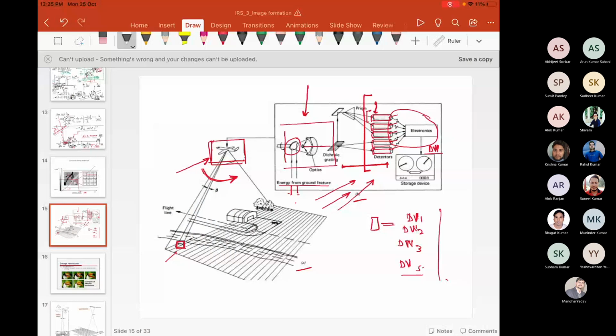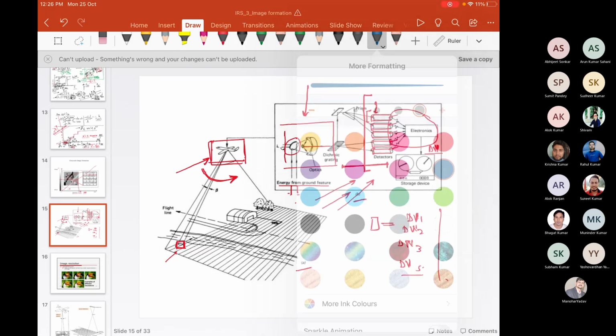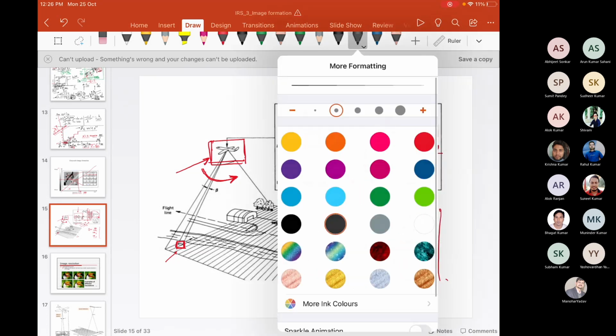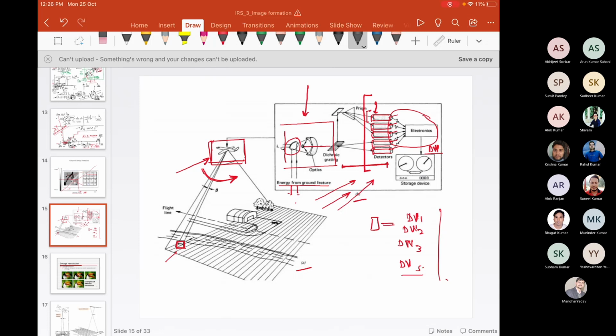So at one particular epoch, this optics is focusing at one particular GRC for a certain time. Then after that, this mirror rotates to a new position, and now it focuses on the adjacent GRC. Similarly, it further rotates to a new location along a particular line.